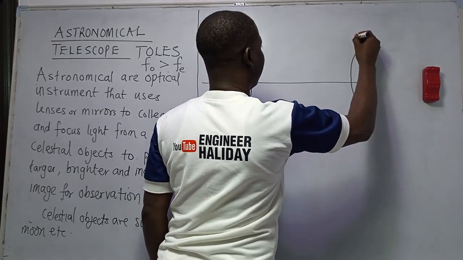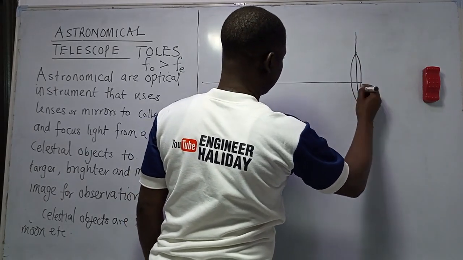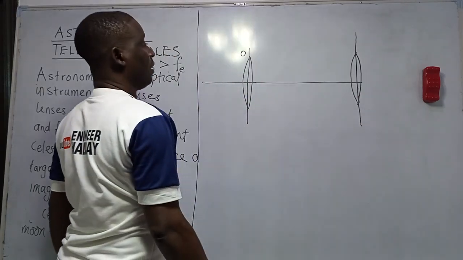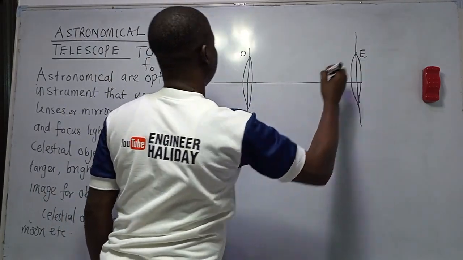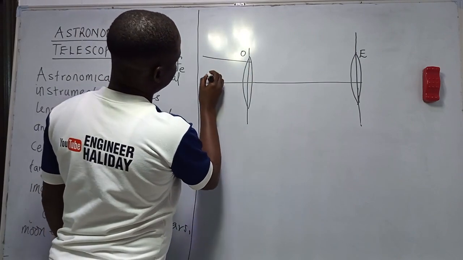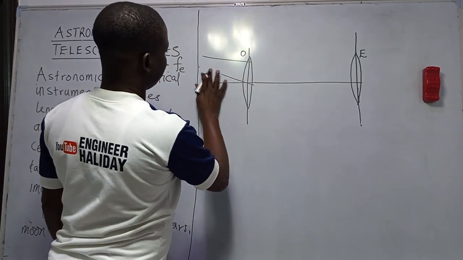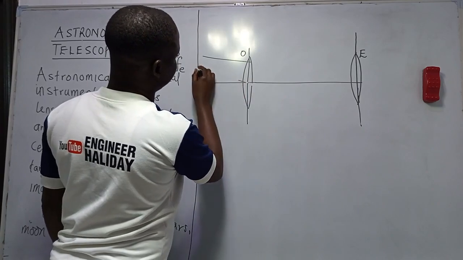So this is the eyepiece lens, E. Now let's take an image from infinity. Let an image come from infinity, from a distant object.